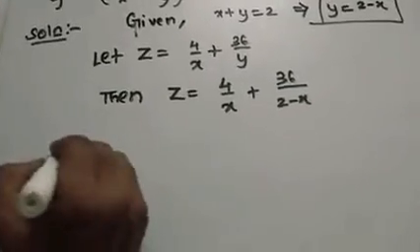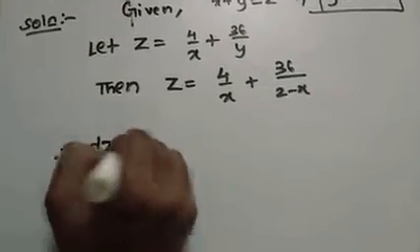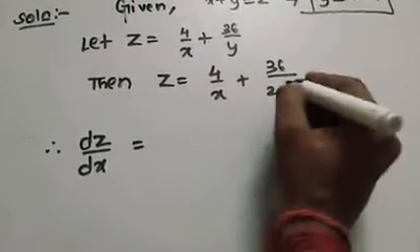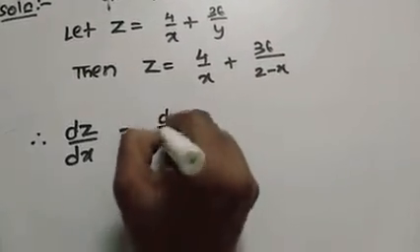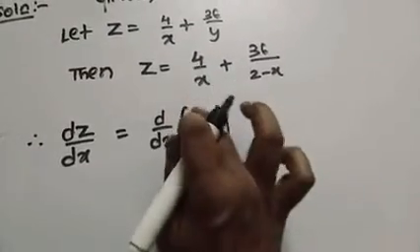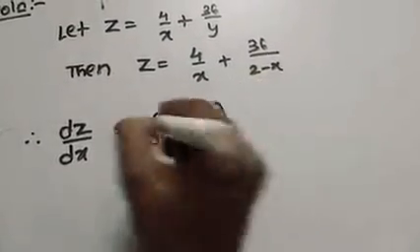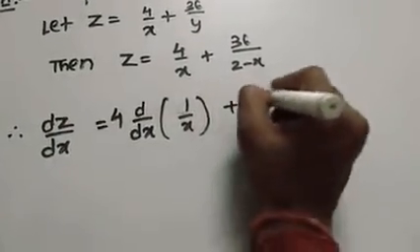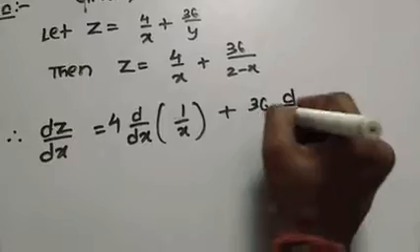So let's start. Therefore dz by dx, that is d/dx of this part and d/dx of that part. The d/dx of 4 by x: 4 is a constant, and a constant comes out of the derivative, so we will directly write 4 outside. Similarly for this part, 36 is a constant and comes out of the derivative.